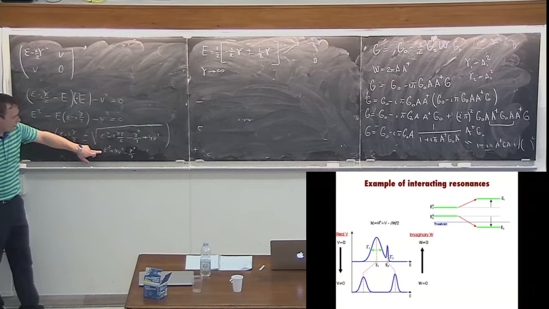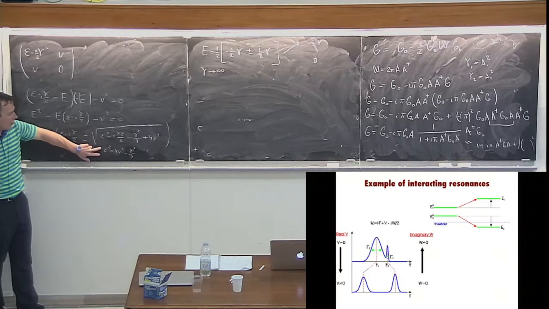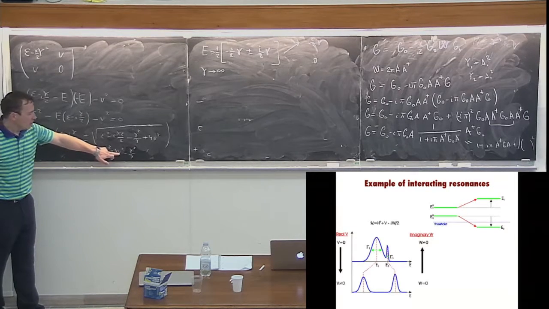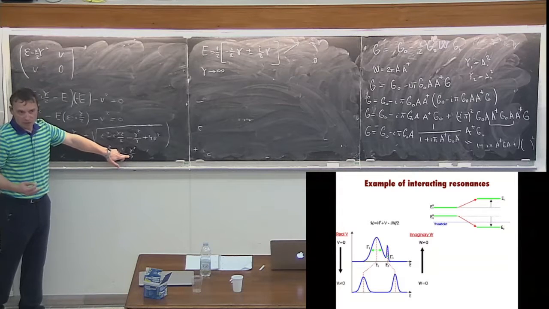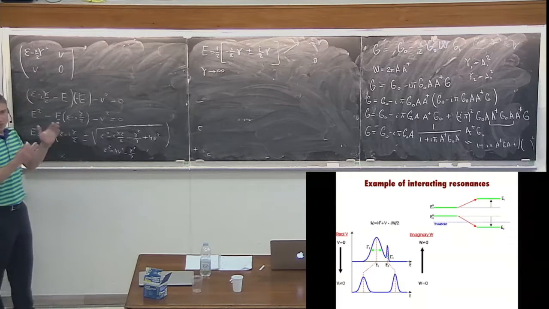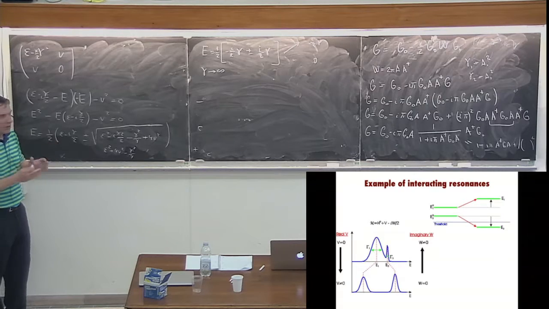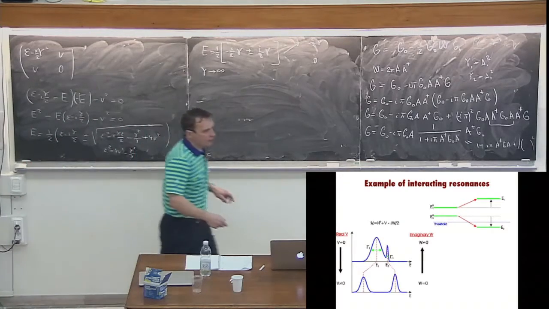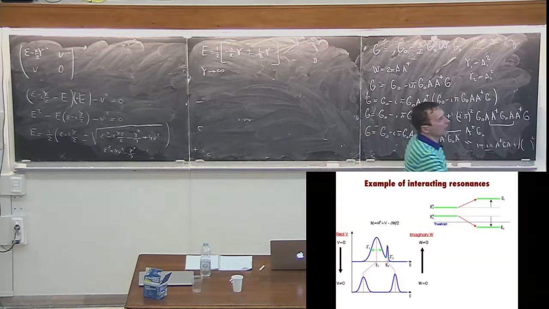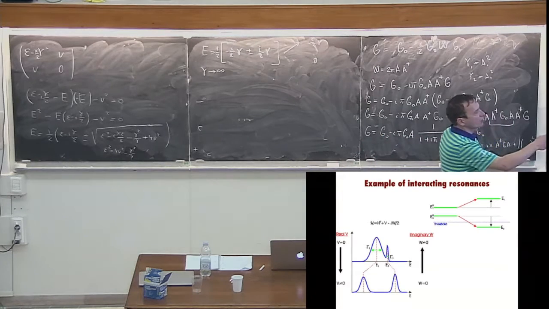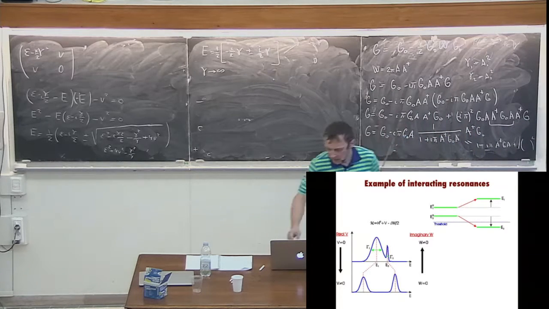So that's the real part. This real part increases when V increases, which is the standard Wigner repulsion, but decreases when gamma increases. So increasing the width pushes states closer to each other. And this is what I am illustrating in this picture: the real part and imaginary part act in the opposite way, in a sense.